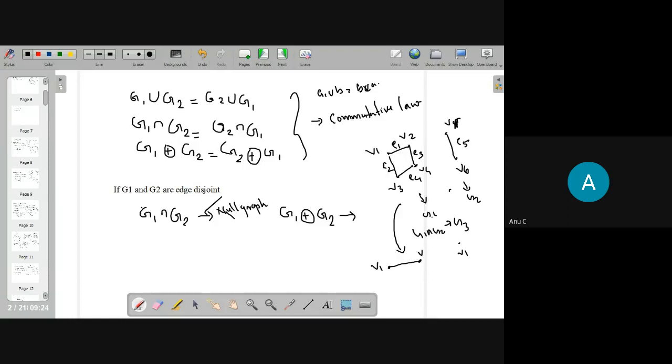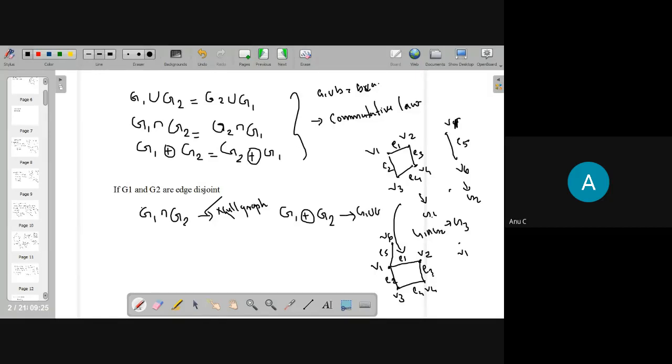V1, V2, V3, V4, V6. Okay. ഈ റിസൾട്ടന്റ് ഗ്രാഫ് എന്തായിരിക്കും?